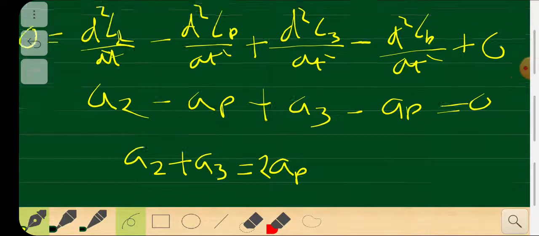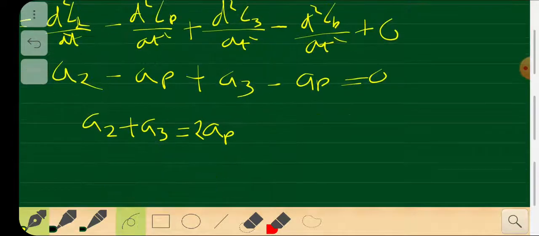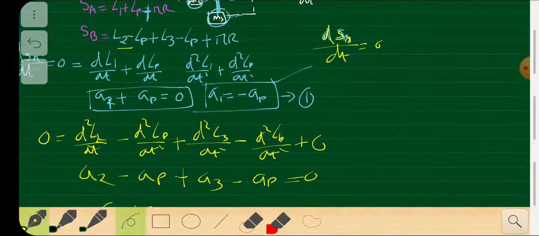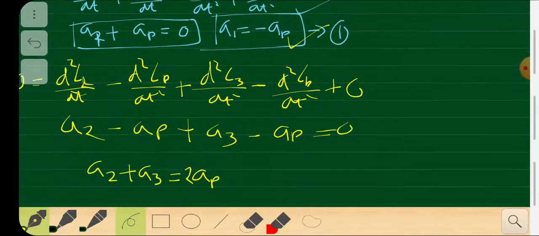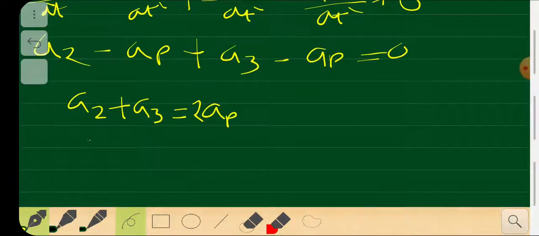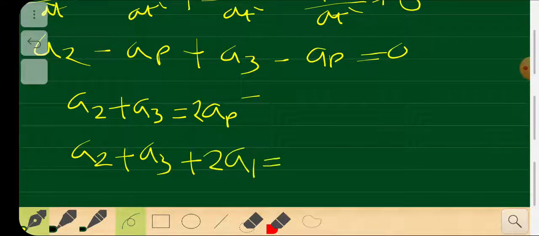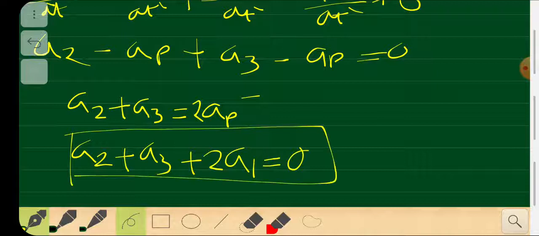Now you can use equation 1, where aP is equal to minus a1. Substituting that back in, you get a2 plus a3 plus 2a1 must be equal to 0. Let's call this equation 2.